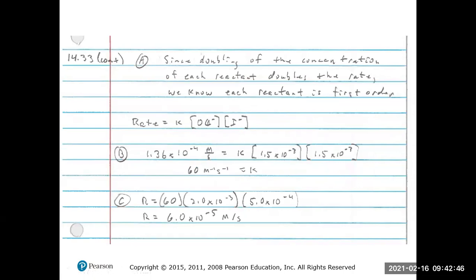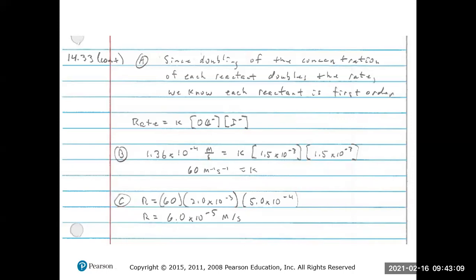And then finally, in part C, we're asked to calculate the rate when we now have the OCl⁻ concentration being 2 × 10⁻³ molar and the I⁻ concentration 5 × 10⁻⁴ molar.